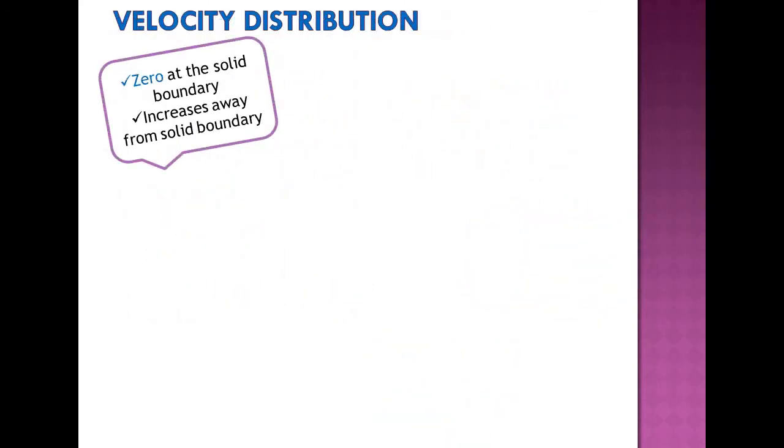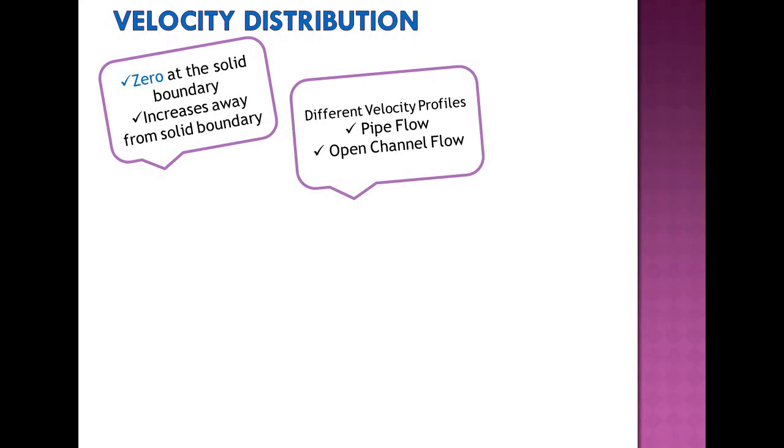And now we have already discussed the velocity distribution of different layers of fluids, when a viscous fluid is flowing through an open channel or through a pipe. We have seen that velocity varies from 0 to maximum if it is an open channel flow, and if it is a closed pipe flow, velocity is 0 for the layer that is sticking to the solid boundary, and it is maximum at the center.